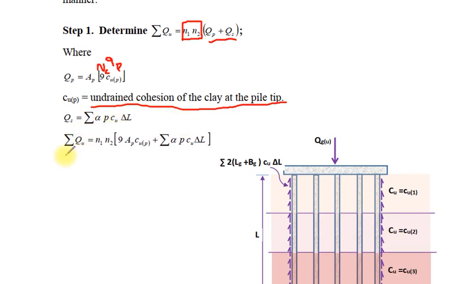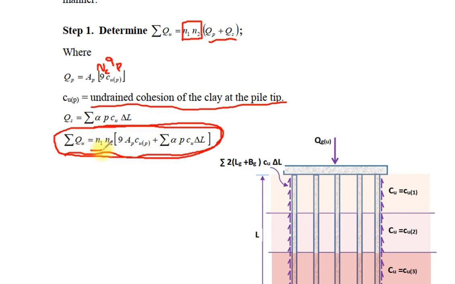Therefore, the ultimate bearing capacity of group piles in clay can be calculated by this equation: N1 multiplied by N2 multiplied by the summation of QP and QS. QP is 9 multiplied by AP multiplied by the undrained cohesion, plus the summation of alpha, perimeter, undrained cohesion multiplied by delta L.